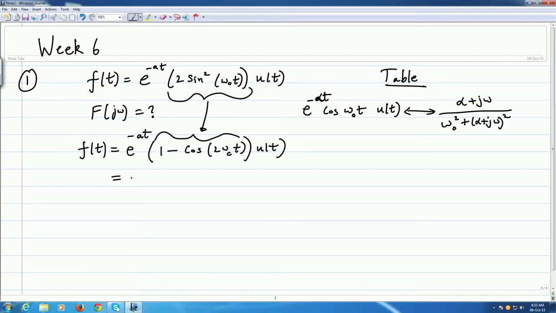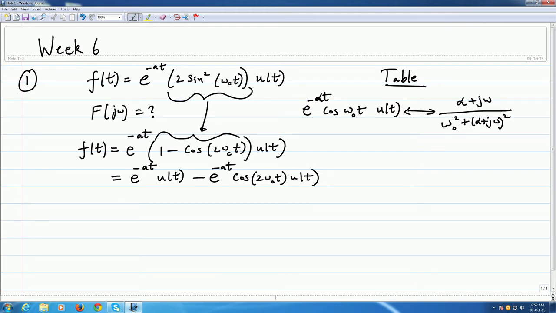Now, one can simplify this to e power minus a t u of t minus e power minus a t cos 2 omega c t u of t. Okay. So, it is quite easy from this point on. Okay.